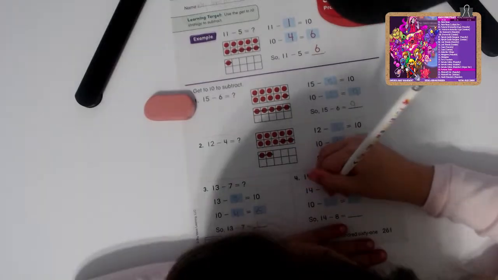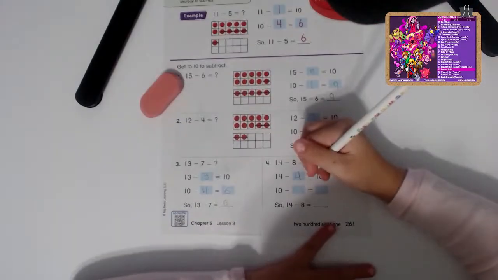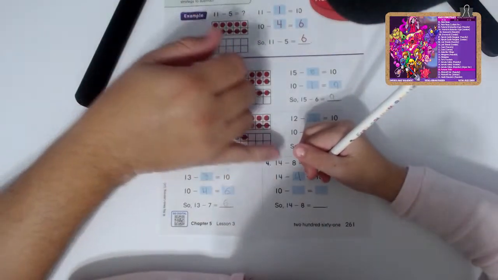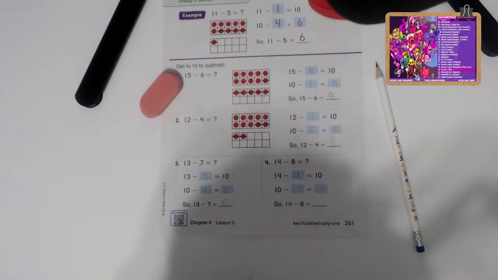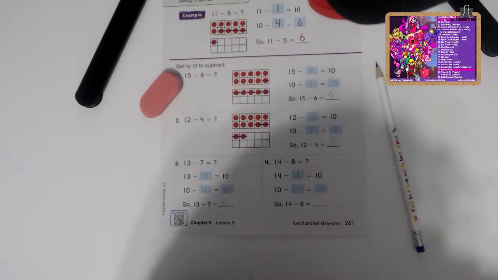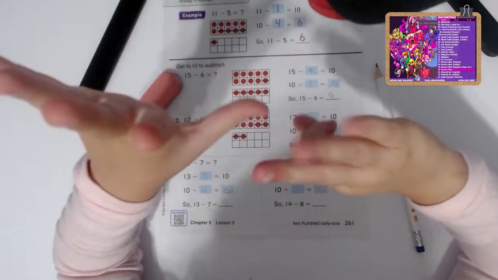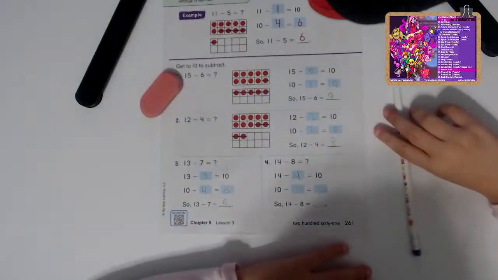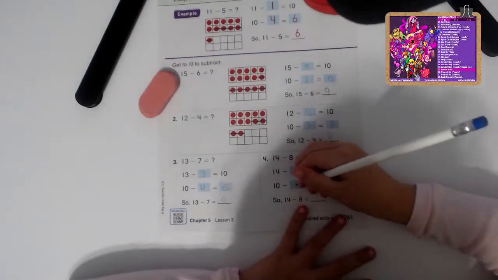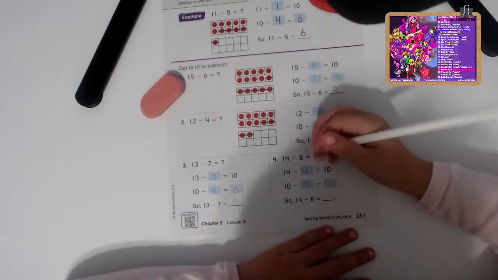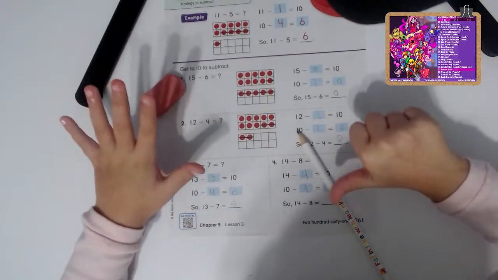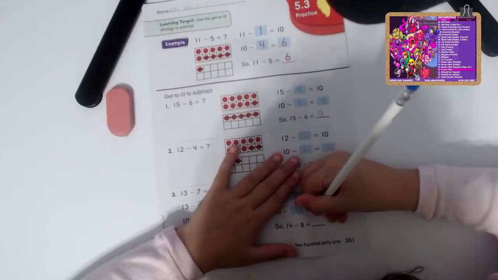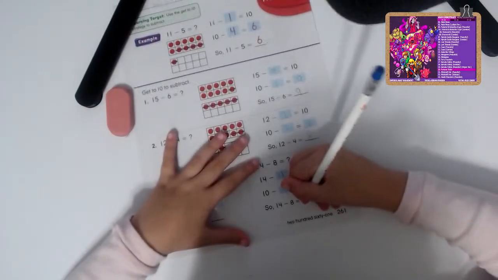So it's 4. Now that we have the 10, where does this number subtract from? The 8. So what's 8 minus 4? 4. So what's 10 minus 4? 6. Okay. So 14 minus 8 is 6.